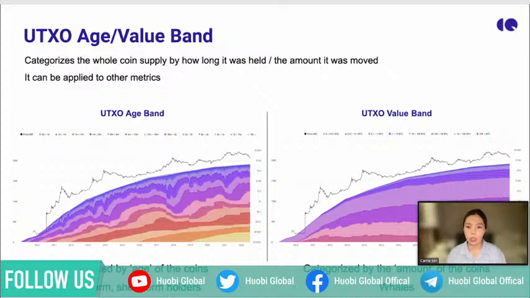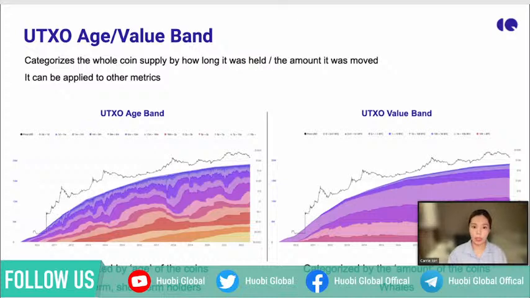So first, UTXO age and value band. These are the basic charts using the concepts of UTXO. UTXO age band categorizes the whole coin supply by how long it was held, like when it was last moved. If it was last moved a year ago, then it would go to the 1 year age band.